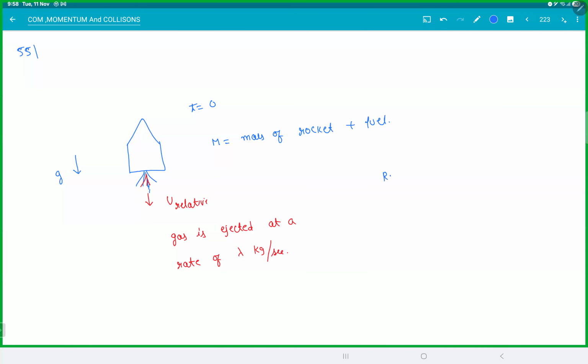The rocket lifts off at t is equal to 0. So the moment you start the engine, it lifts off, meaning you have enough thrust force. Find the speed of the rocket at time t.